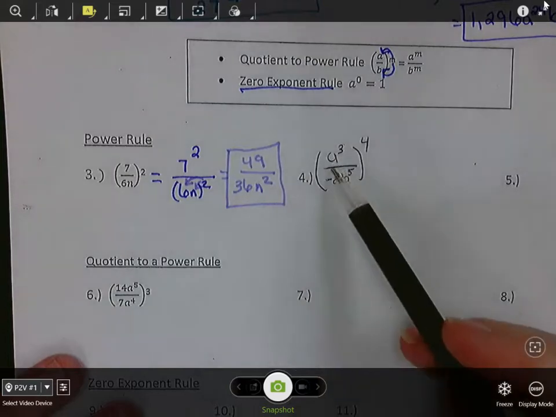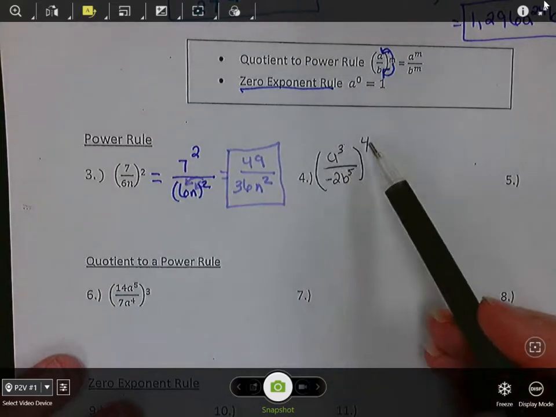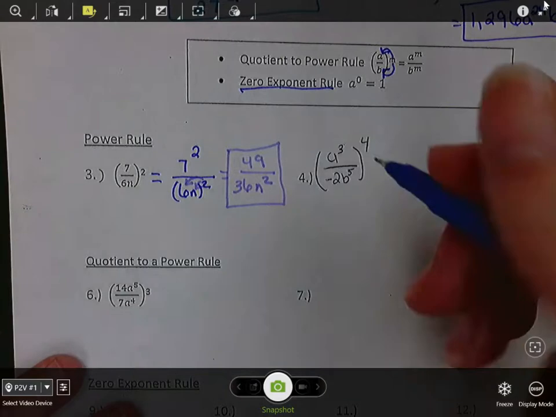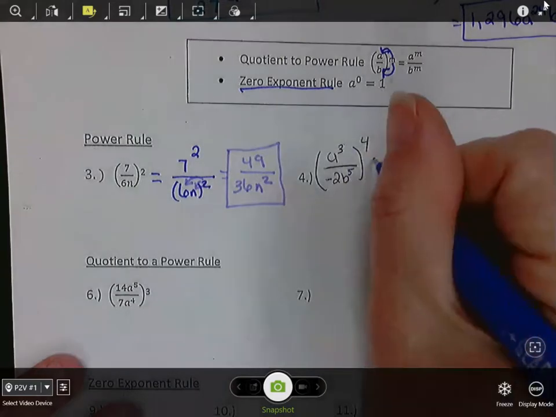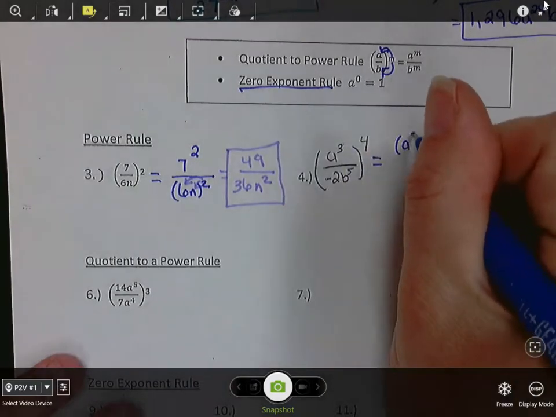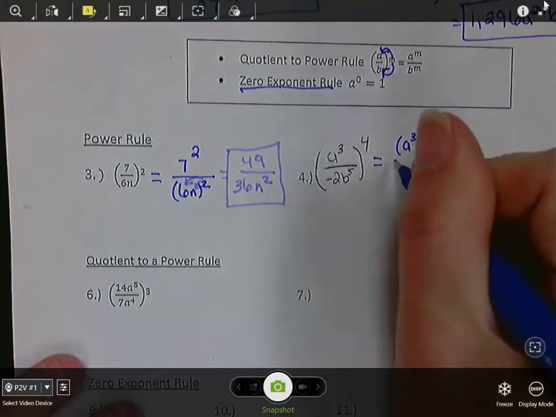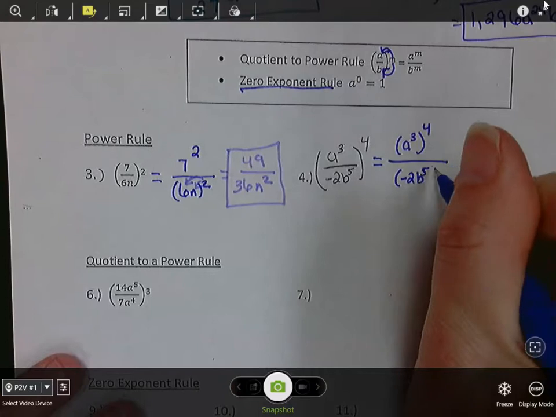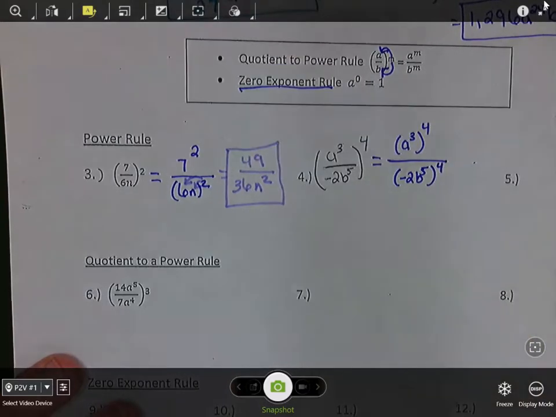A to the third over negative 2b to the fifth, all raised to the fourth power. All right, so since it's a fraction raised to a power, I'm going to separate them out. I'm going to do a to the third to the fourth power over negative 2b to the fifth to the fourth power.